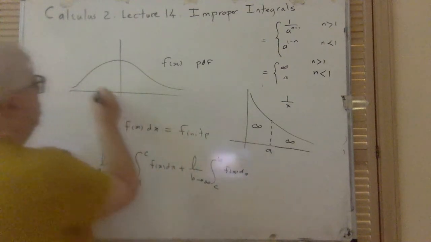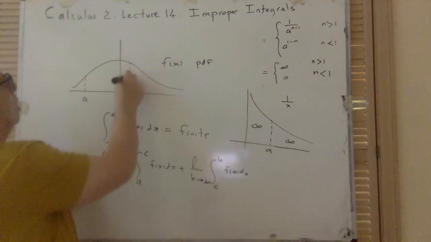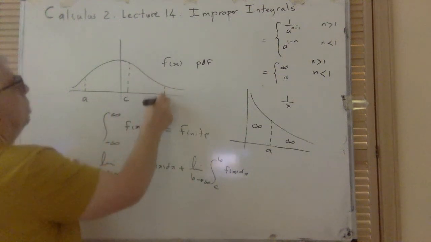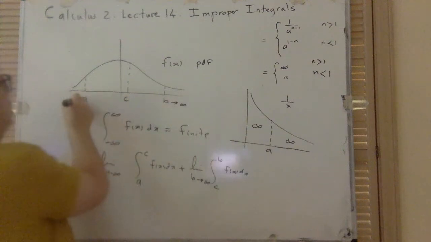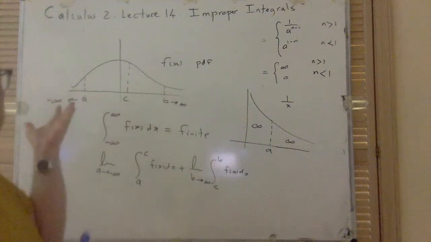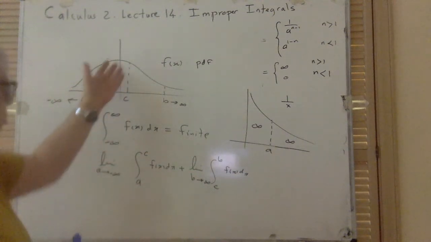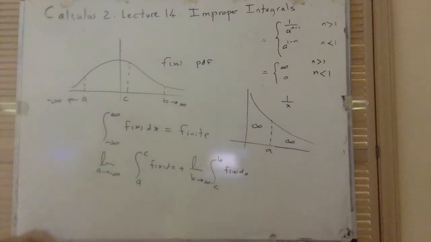So there's an A here, C can be anywhere, and this is B, so B goes to infinity and A goes to negative infinity. Since this is continuous, this point can be anywhere, so it can be 0. Depending on the situation, using 0 might make things much easier.